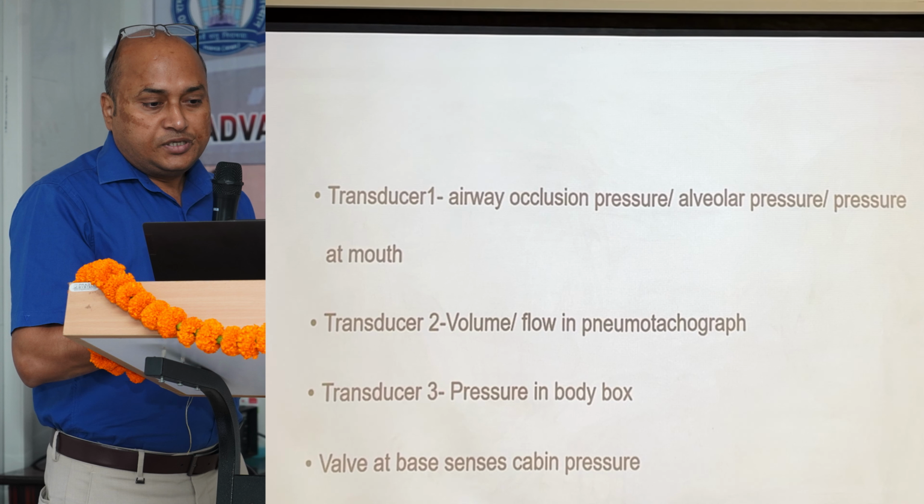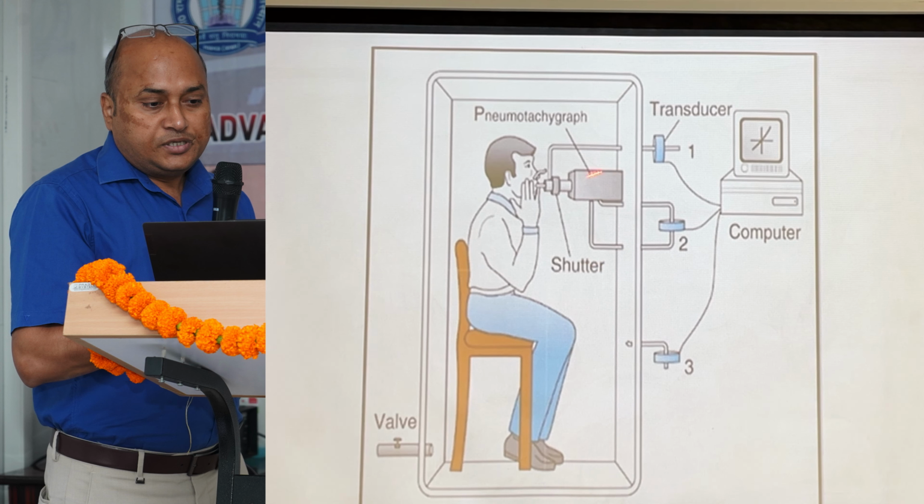The second transducer is placed at the pneumotachograph and records the change of volume or flow during the procedure. The third transducer records the cabin pressure. Whatever cabin pressure changes occur are recorded by this transducer.